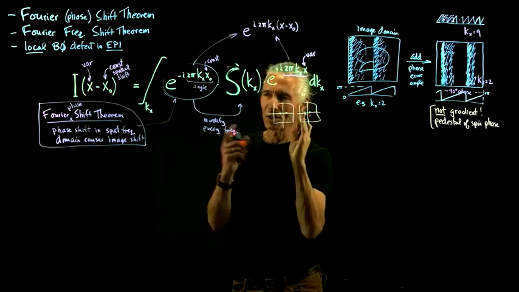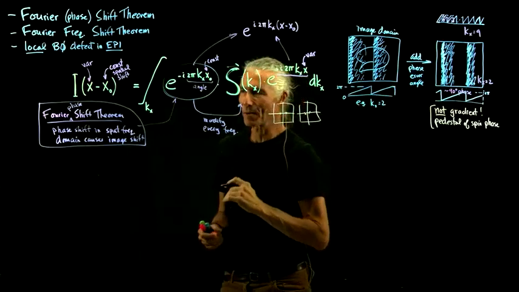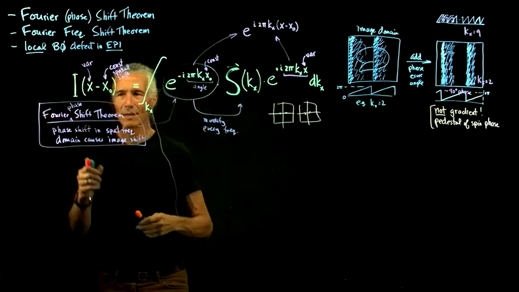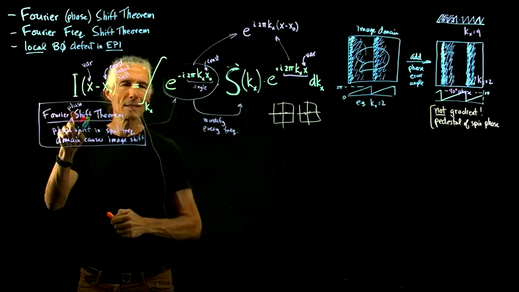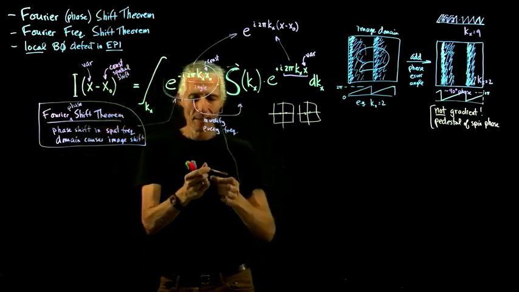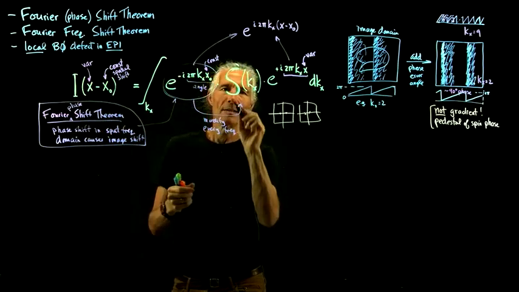That actually just shifted our image when we inverse Fourier transform. The same thing. So that's the Fourier phase shift theorem, which is you add some phase onto the k-space data. So this guy is k-space data.